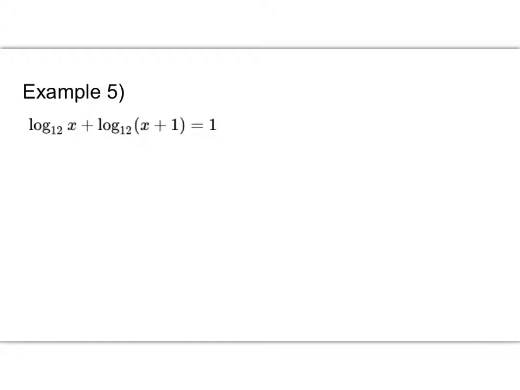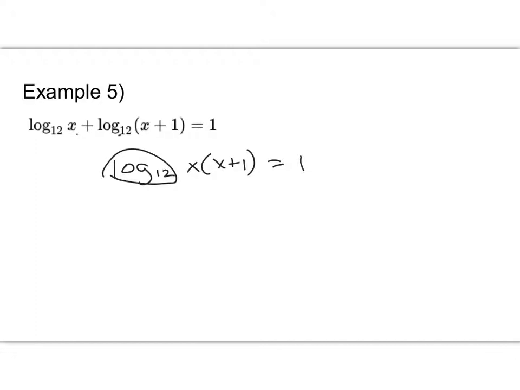Okay, here's another property of logs that we've already worked with. I have addition here. That means that that is the same as multiplication. So I end up with x times x plus 1 if I combine these logs. And then I need to get rid of the log with a base of 12.